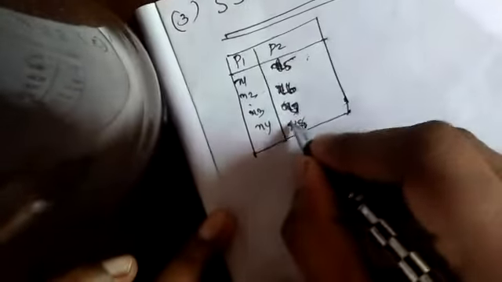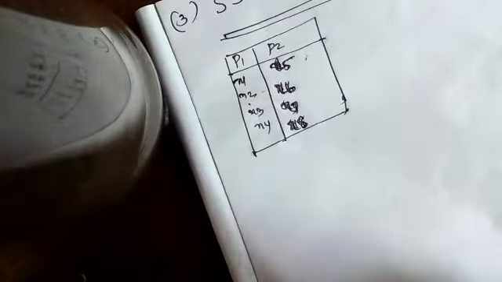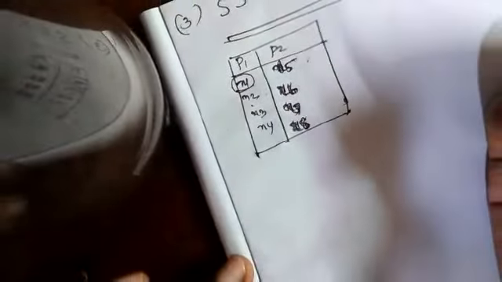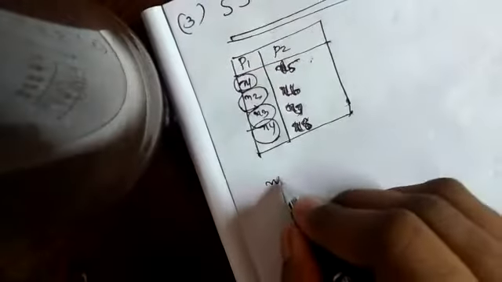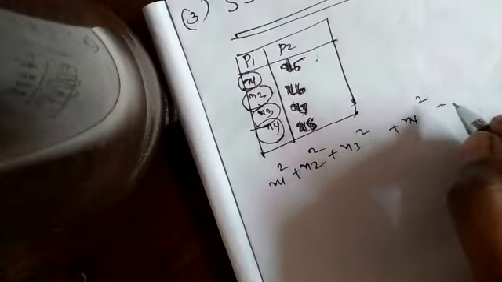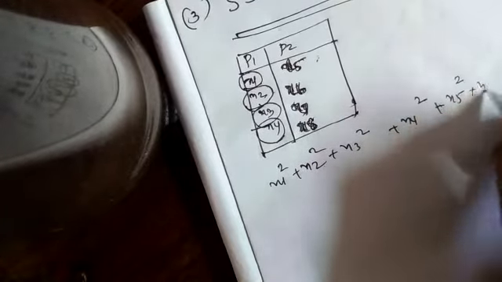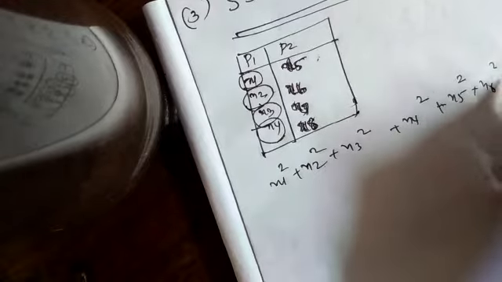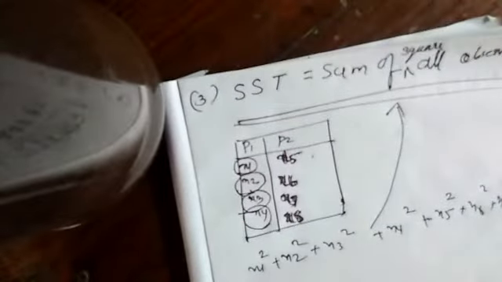So for the sum of square of all observations, you take each observation's square: x1 square, x2 square, x3 square, x4 square, x5 square, x6 square, x7 square, x8 square.